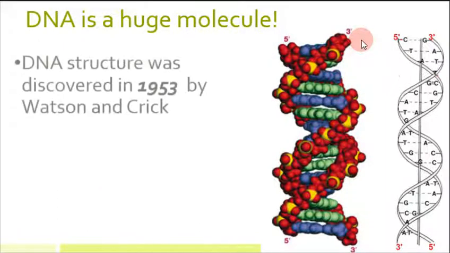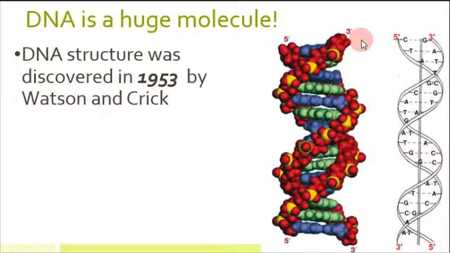Okay, it's huge. In 1953, two different scientists, and I've read it both ways, were either working together or working separately. All this time I've heard they were working separately, but just recently I heard they were working together. One's British and one's American. Watson's the American.